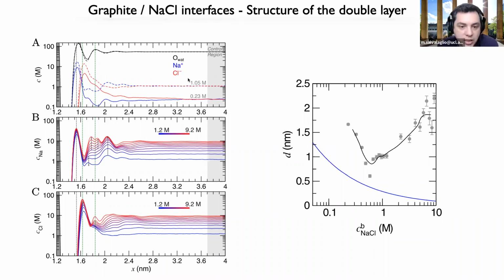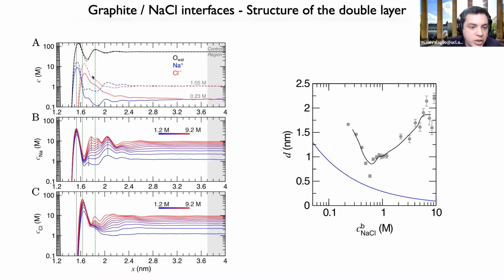To maintain the background of the concentration at a higher level, around 1 molar, here you have that a more complex situation emerges. In particular, we see that the Na plus are still dominant close to the interface. We have the formation of a Cl minus dominated layer on top of it, but then as we move away, we have another region in which Na plus are in excess.